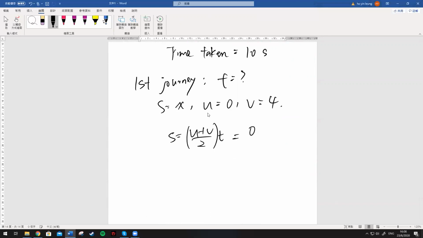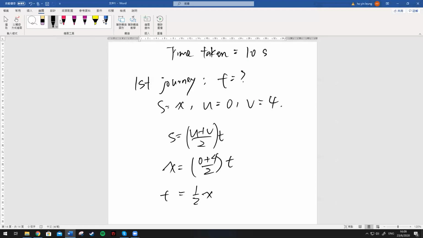So that's 0 plus 4 over 2 times the time, which is unknown. So x equals 0 plus 4 over 2 times the time, and the time in terms of x should be half of x, right?